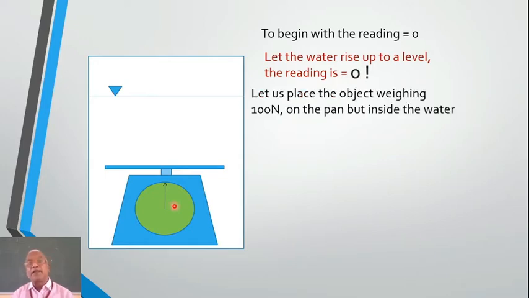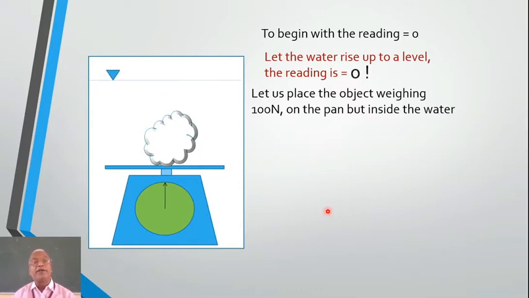Okay, then let us place the object weighing 100 newtons in air on the pan, but inside the water. Now if you put that kind of object there, which is weighing 100 newtons in air, what would be the reading?